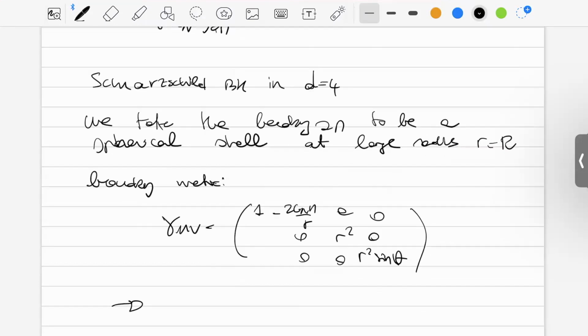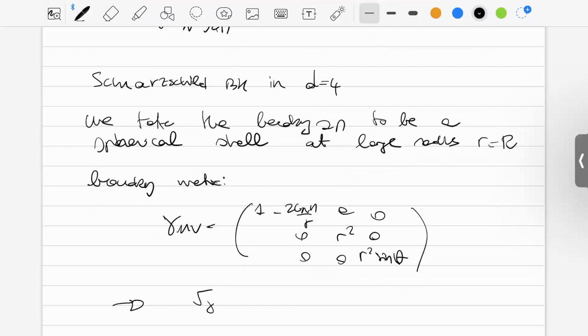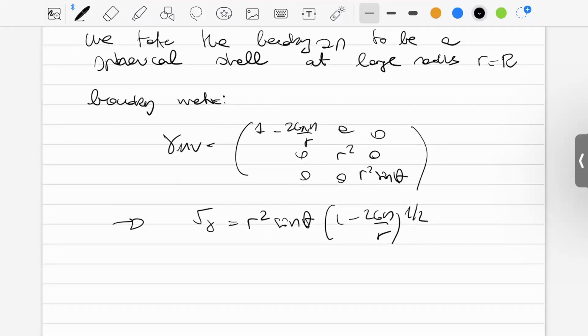So the square root of the determinant of gamma is r squared sine theta times 1 minus 2GM divided by r to the power 1/2.